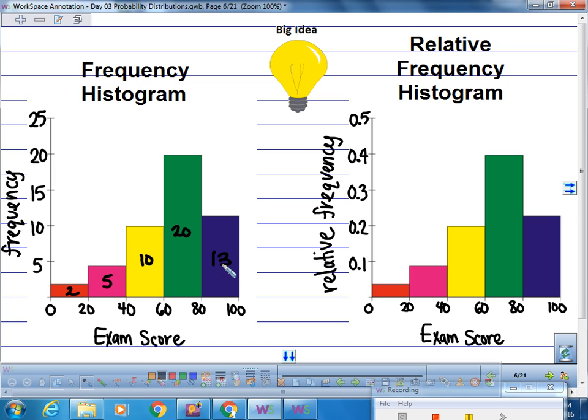I've got 60 students, and I've organized it into a histogram.